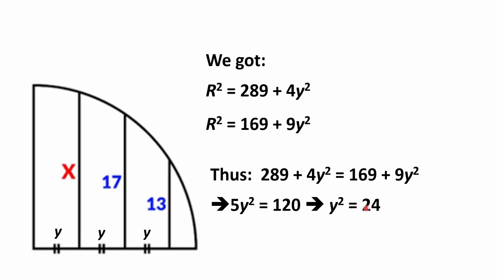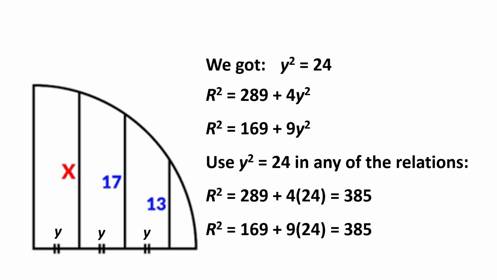So the value of y square is 24. Now this value can be substituted in any of the above equations. In either equation, if you put y square equal to 24, you will get the value of radius square.